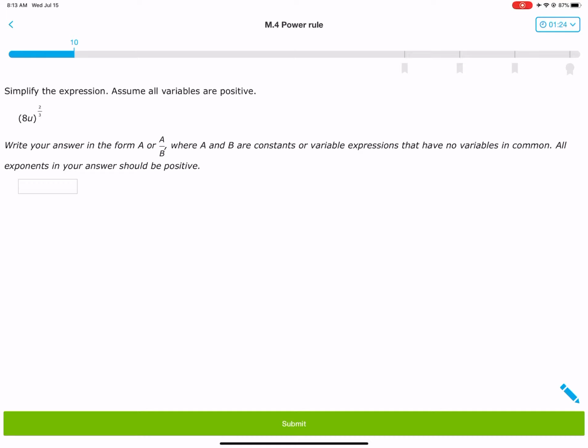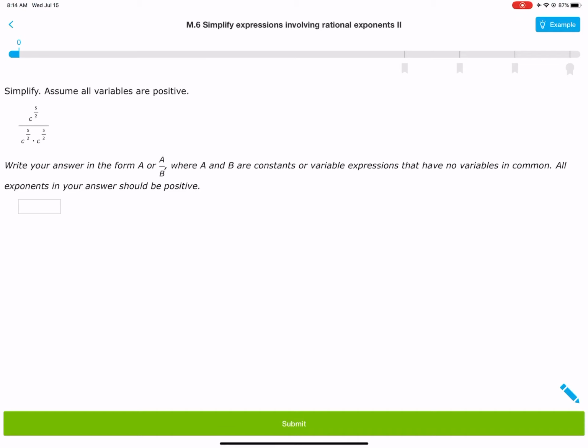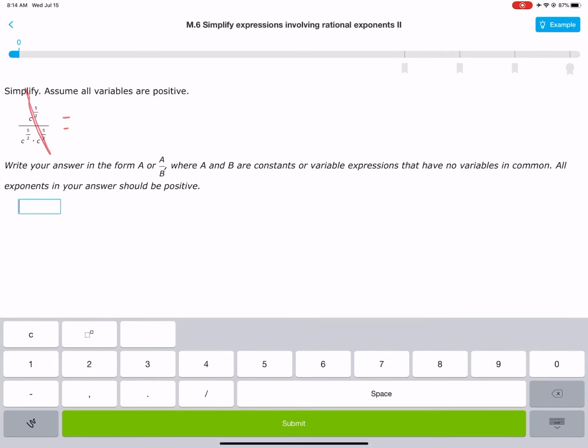So we're done with power rule, and finally I'm going to do M6, which is more combining. So we can cancel out. So we have 6 c to the 5/2 and c to the 5/2. Those cancel out. So we're left with 1.